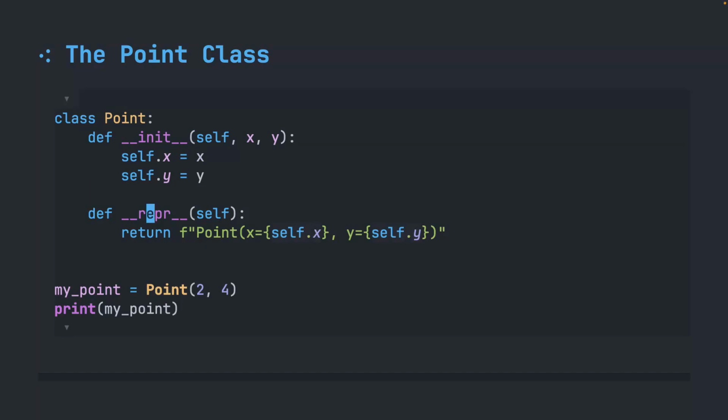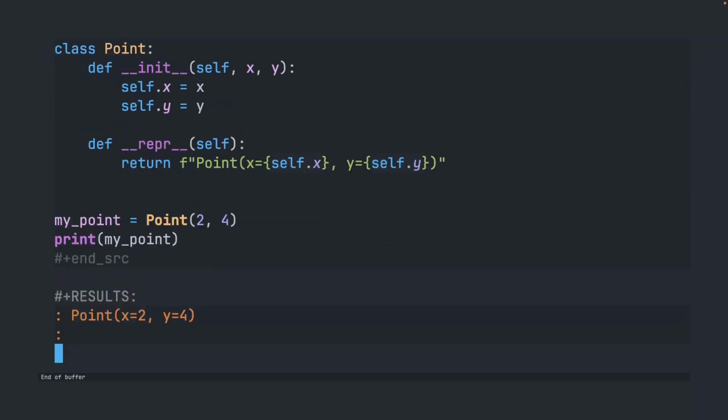If we do it this way and we want to have a representation, then we have to code it ourselves with dunder repr. And if we do this and I print out the point, I get Point(x=2, y=4). Okay, so our class works just like we've seen before.